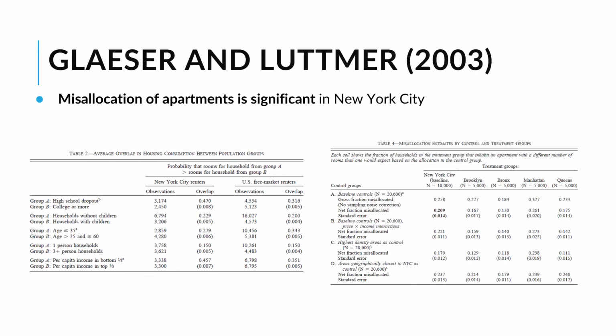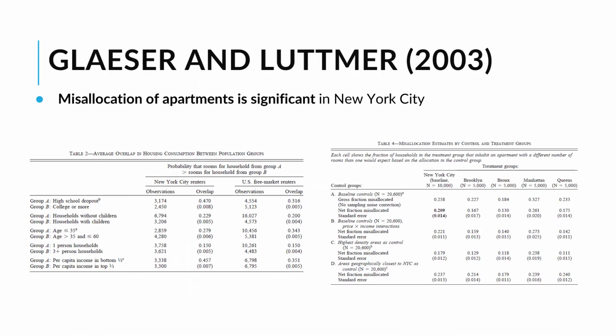And then for some original research, Glaeser and Luttmer did a paper in 2003 looking at misallocation of apartments, and they concluded it was very significant in New York City compared to a non-rent stabilized city. You can see that, after adjusting for some statistical anomalies and biases, about 21% of units in New York City are allocated differently than how they would be allocated in a city that doesn't have rent control.